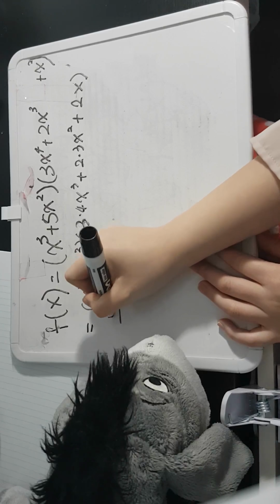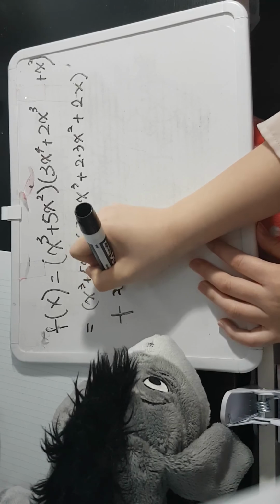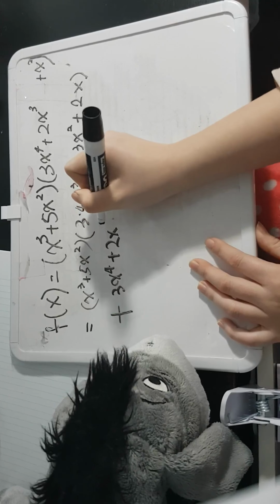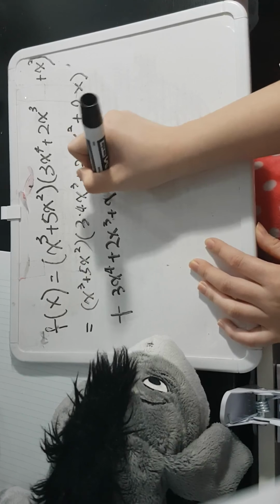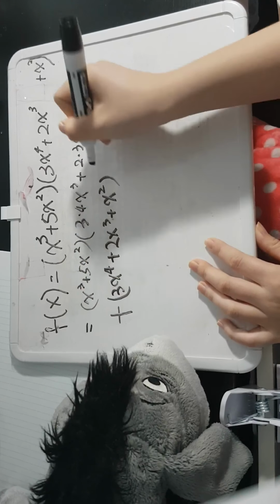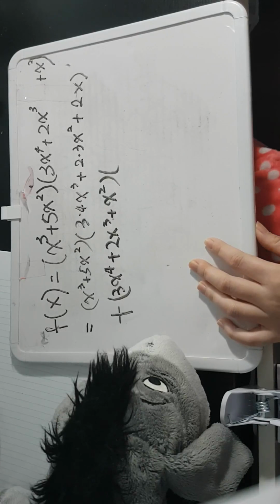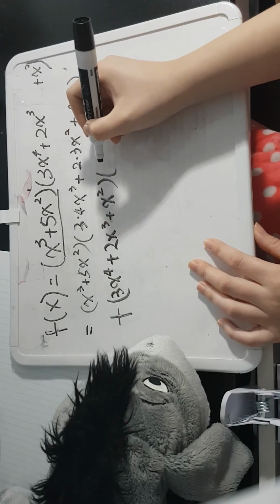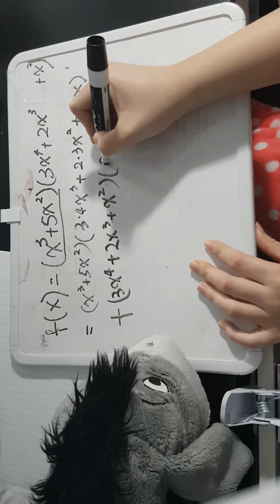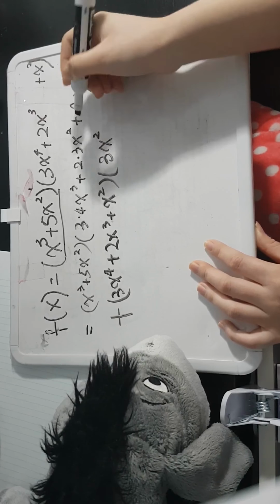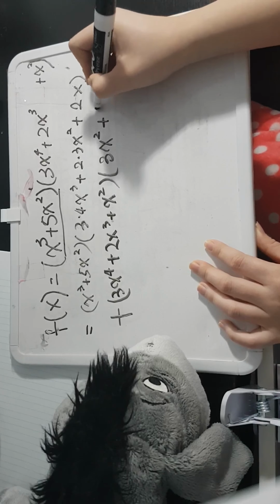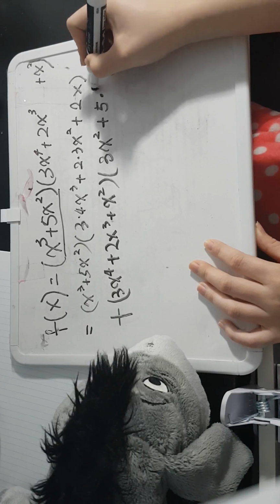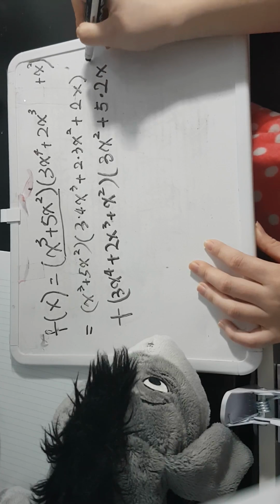Then we're going to add the second function, I'm just going to write it down very quickly, times the derivative of the first function, which is going to be 3x to the power of 2 plus 10x.